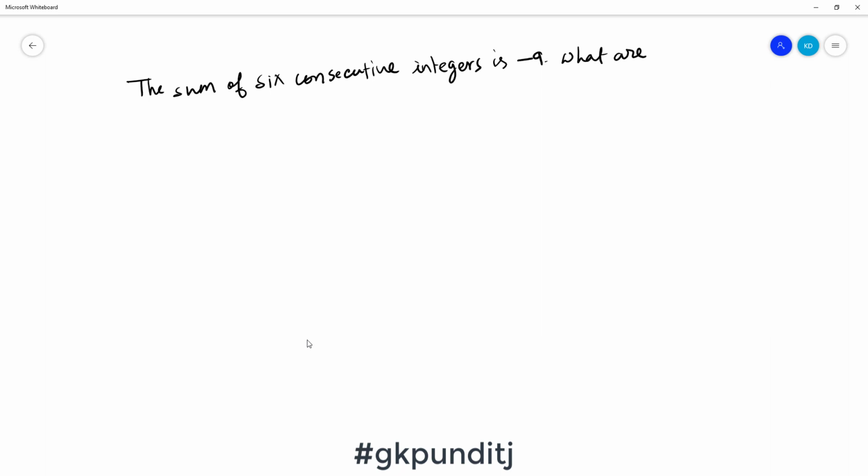What are the integers? So this is our question: what are the integers? Sorry, silly mistake. Now start solving this problem.